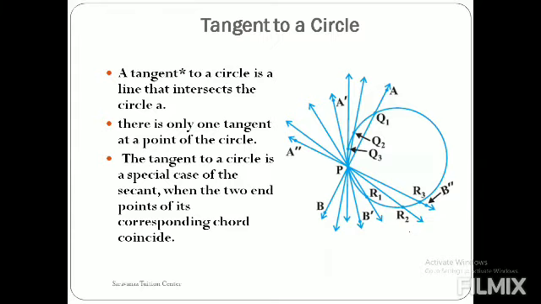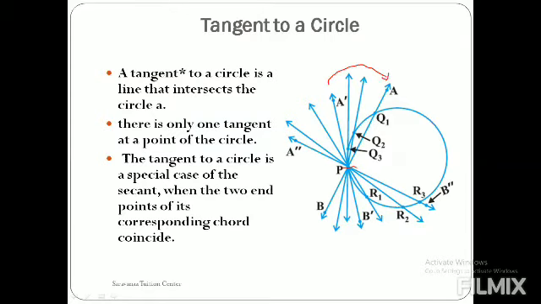Tangent to a circle. A tangent to a circle is a line that intersects the circle at only one point. If you take this line A dash B dash, you could see that it intersects the circle at only one point P. So A dash B dash is a tangent. Now take A dash B dash from this side to this side.